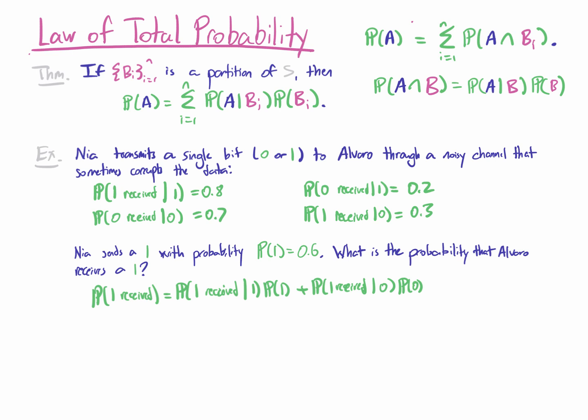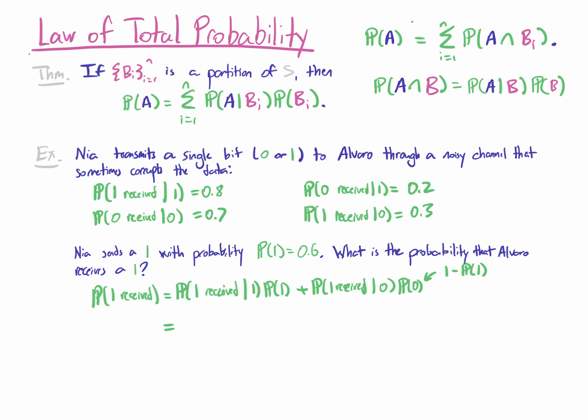So let's see if we can now figure out what these are. Let's remember that the probability of Nia sending a 0 is just 1 minus the probability of Nia sending a 1. That's going to let us fill that in.